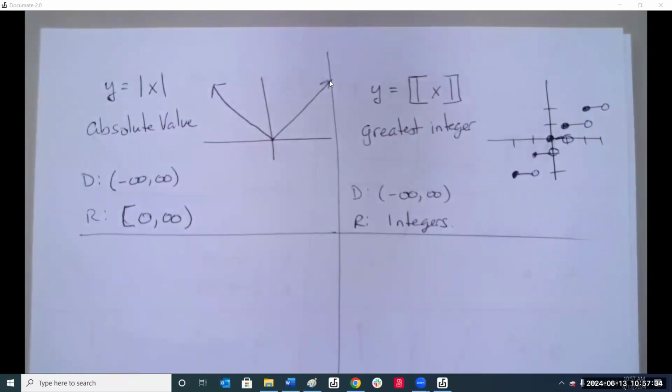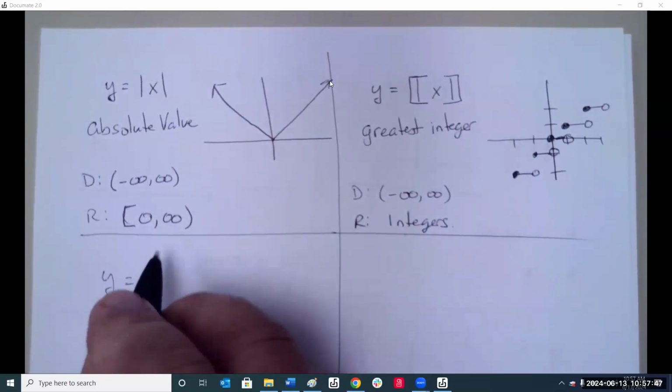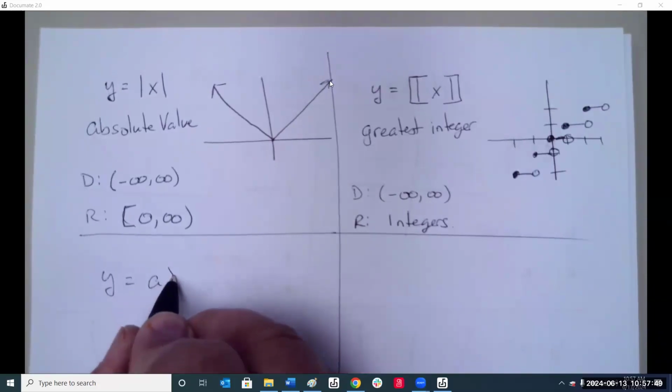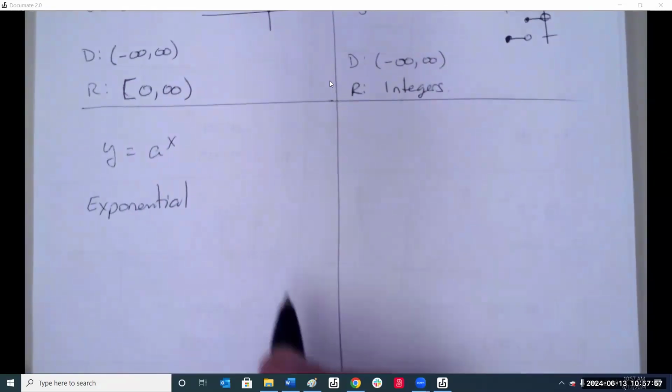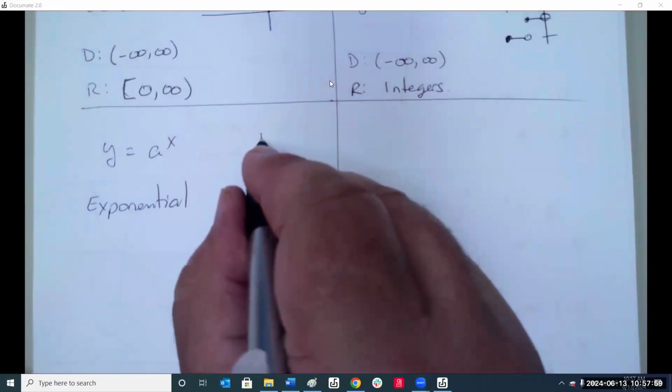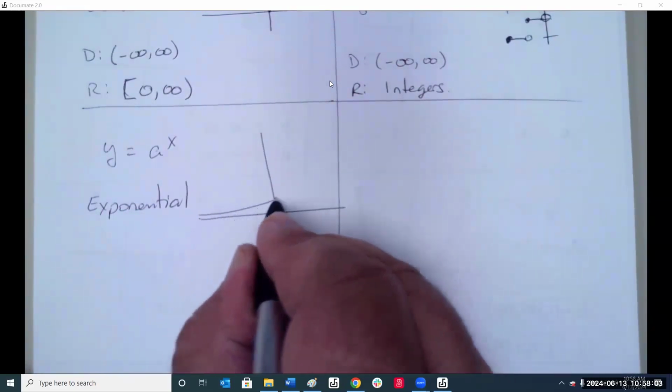Which other ones am I missing? Oh, this. This is called an exponential function. It looks like this.